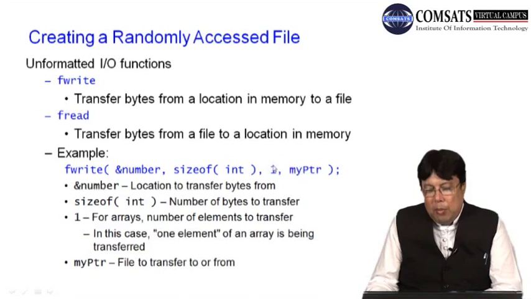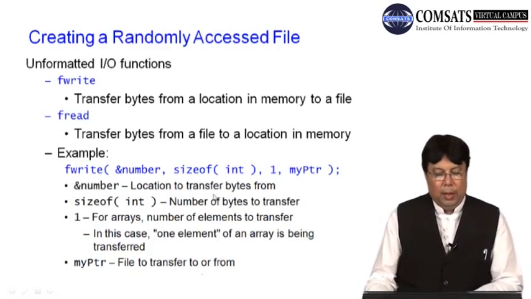So this is the number of times that you are going to write that block, meaning the data that you have provided, you can just have control of it. I'll explain it later on with the help of an example. And myPTR is the file to transfer the data to or from.